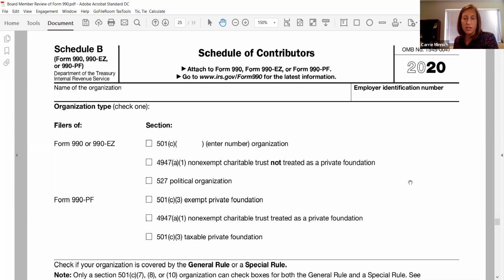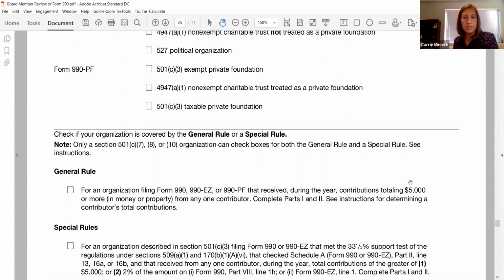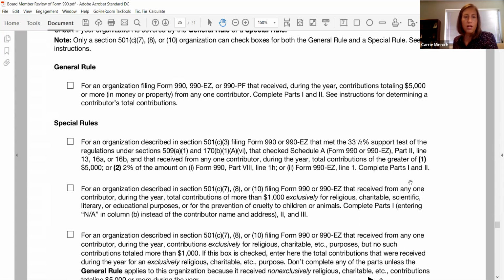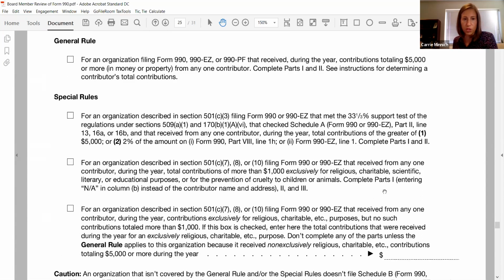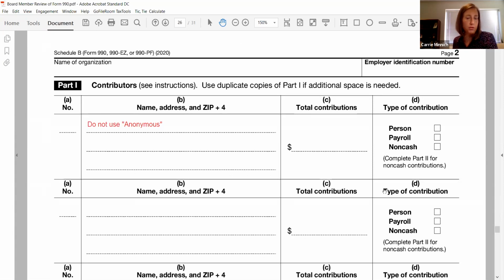This lists who your contributors are during the year. And there's a calculation as to who's listed here. Normally it's $5,000 and above, or 2% of your total revenue. So just make sure that if you do have contributors, ask whether this needs to be completed.